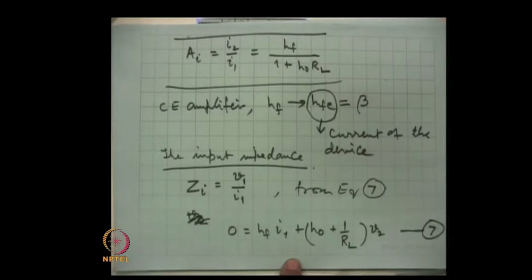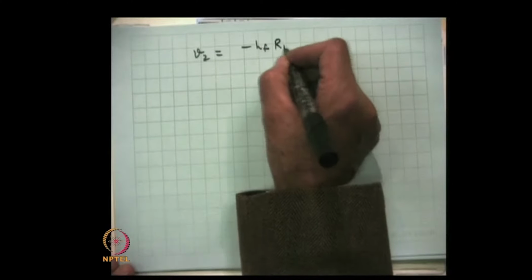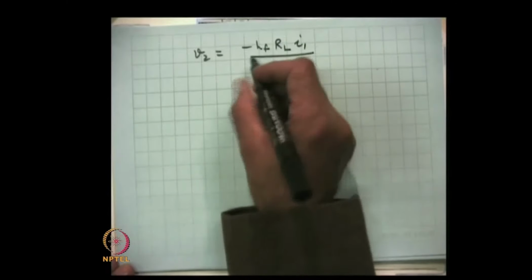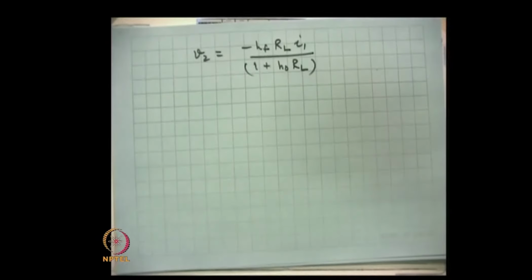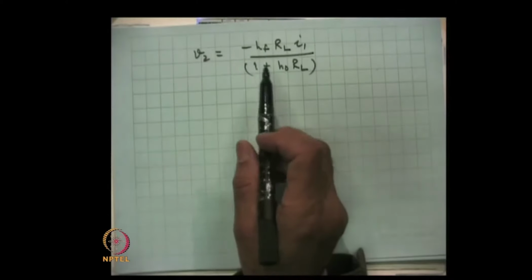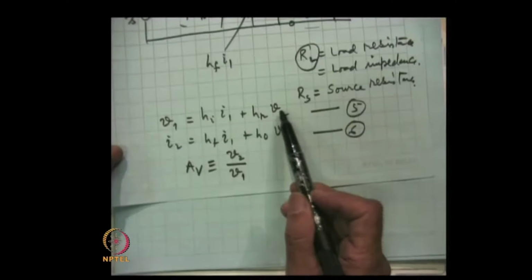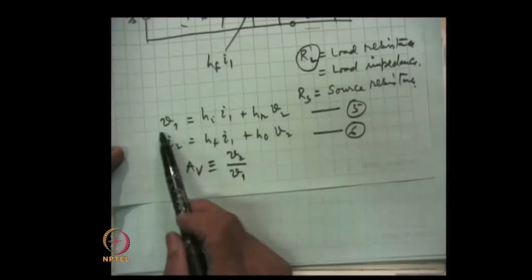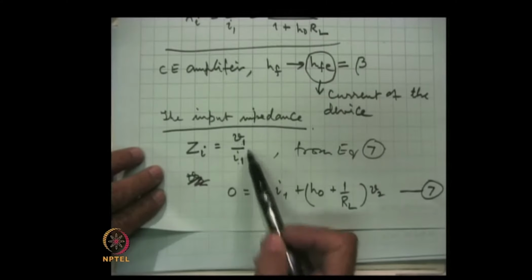From here we can get the value of V2. So the value of V2 comes out to be this. We put this in equation 5, replacing V2 here, then we can get this ratio V1 by I1, which is required for determination of the impedance.